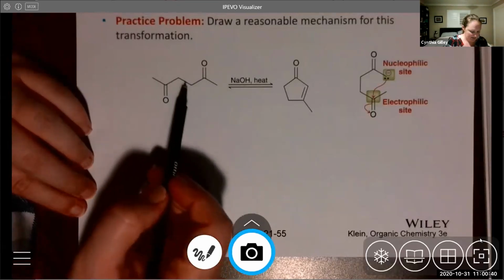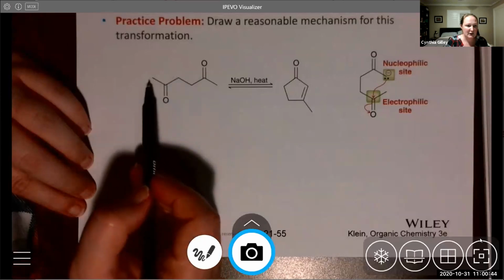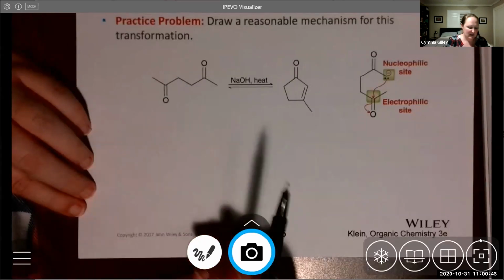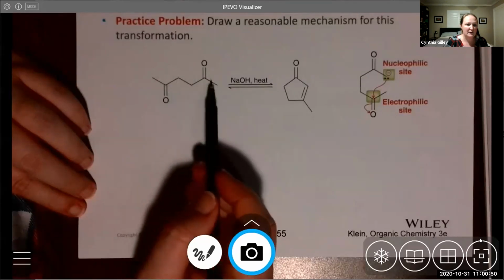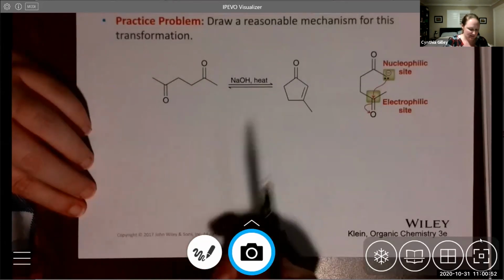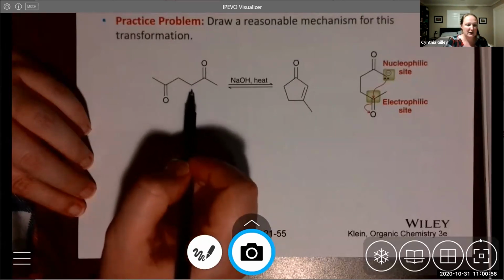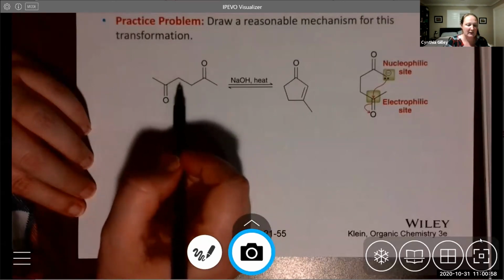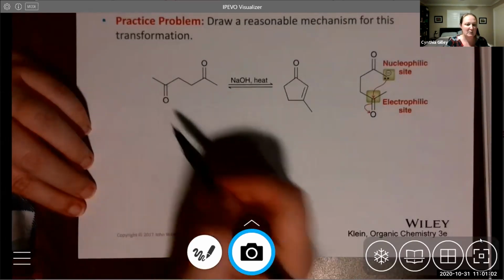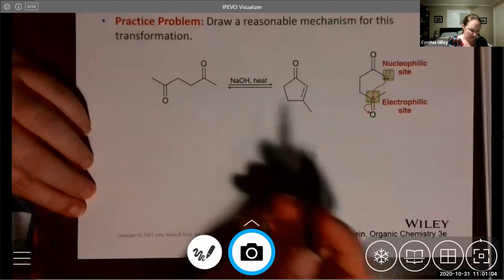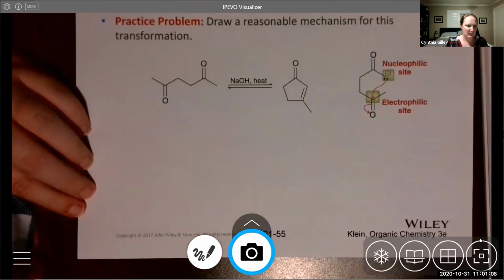The hydrogens interior are not more acidic than the hydrogens at the terminal ends of the molecule, because this is not a 1,3 diketone, this is a 1,4 diketone. So an enolate formed from deprotonation of an interior methylene is not doubly resonance stabilized, so it's not more stable than deprotonating the protons at the terminal end of the molecule.